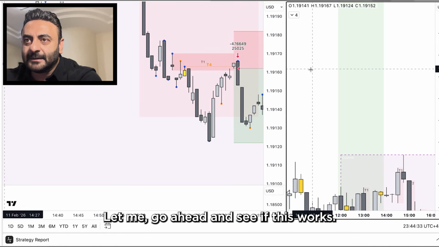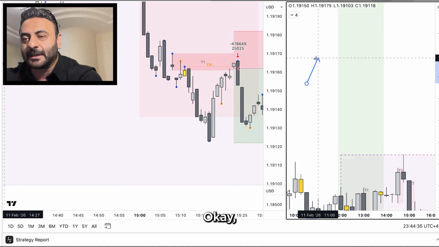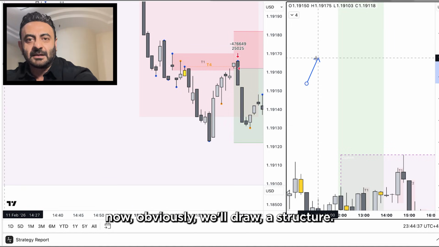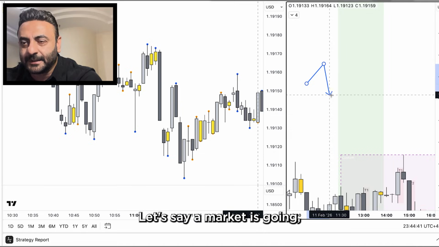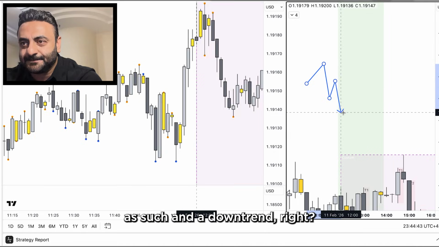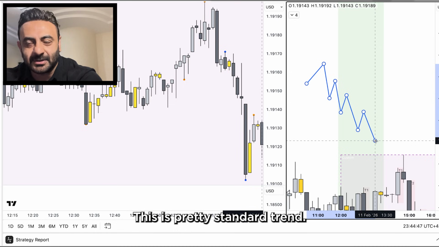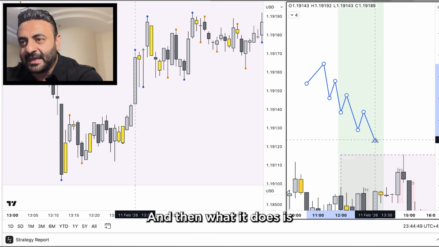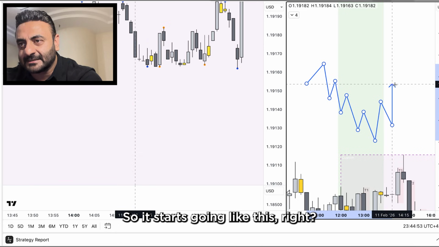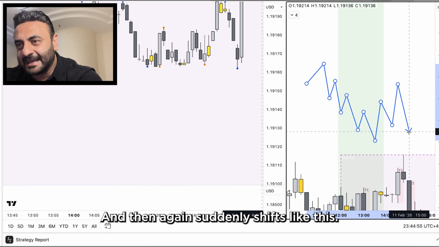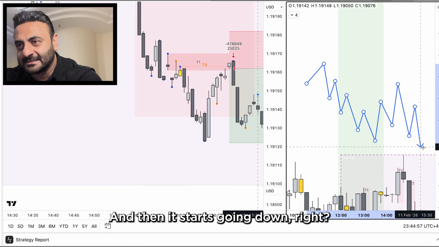Let me go ahead and see if this works. Okay, now obviously we'll draw a structure. Let's say a market is going in a downtrend. This is a pretty standard trend. And then it shifts pattern, so it starts going like this, and then again suddenly shifts like this, and then it starts going down.